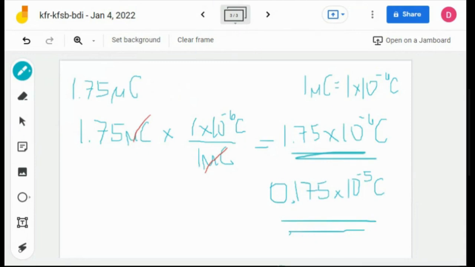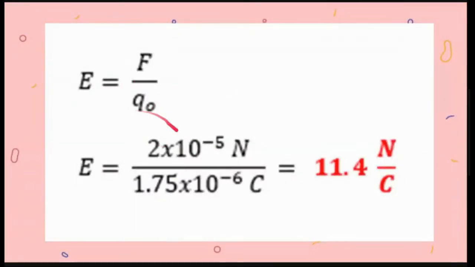So now going back to our equation here. We substituted F, that's equal to 2 times 10 to the negative 5 newtons all over 1.75 times 10 to the negative 6 coulombs, or 0.175 times 10 to the negative 5 coulombs, but I'm more comfortable using 1.75 times 10 to the negative 6 coulombs.